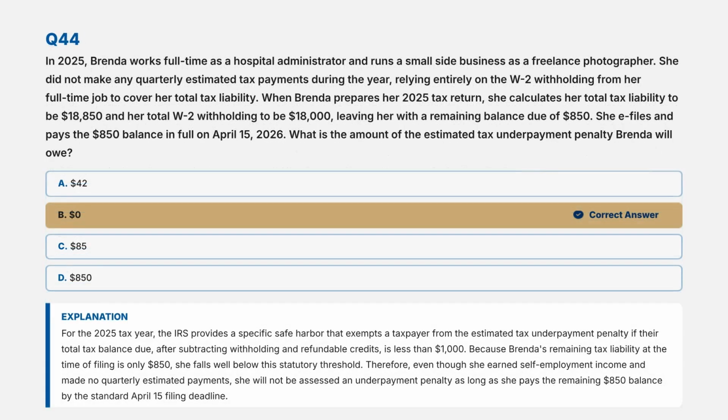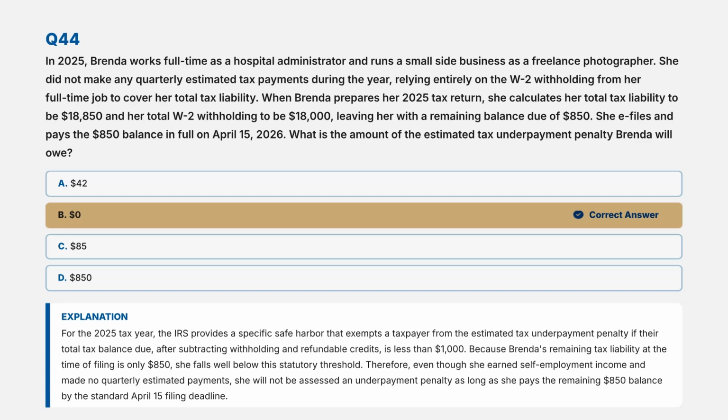$0. For the 2025 tax year, the IRS provides a specific safe harbor that exempts a taxpayer from the estimated tax underpayment penalty if their total tax balance due, after subtracting withholding and refundable credits, is less than $1,000.